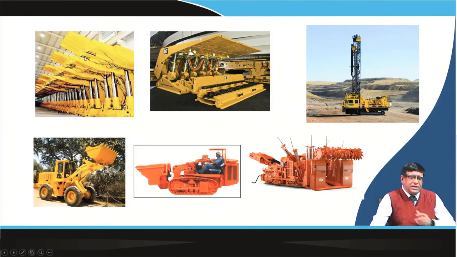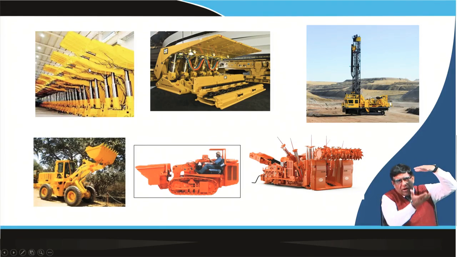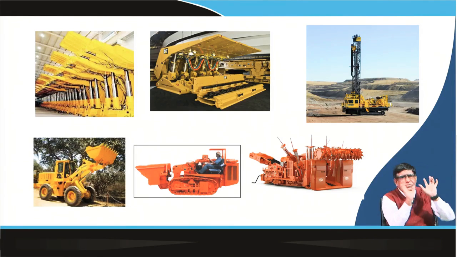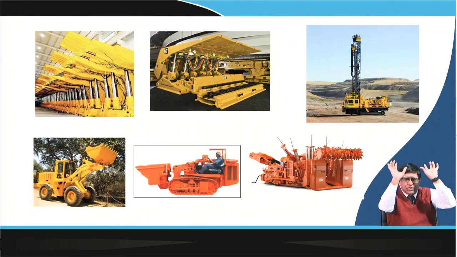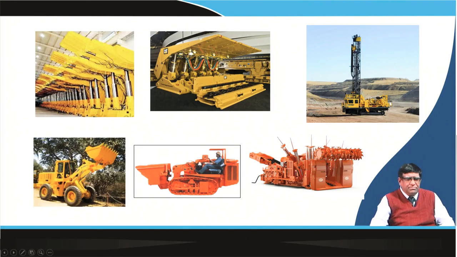You can see this is a hydraulic power support. When you do coal mining, you might have read about longwall coal mining; the mine gallery must not collapse. So the upper strata have to be given pressure so that it does not collapse, and that is done by this hydraulic power support.